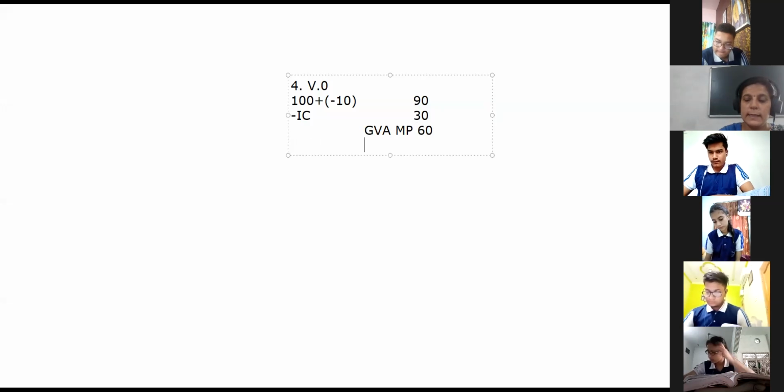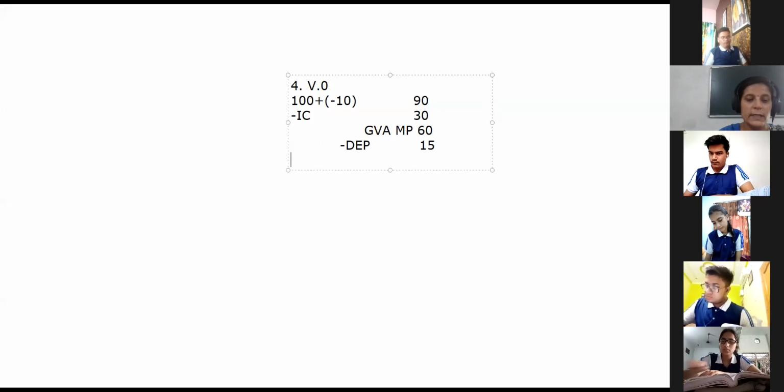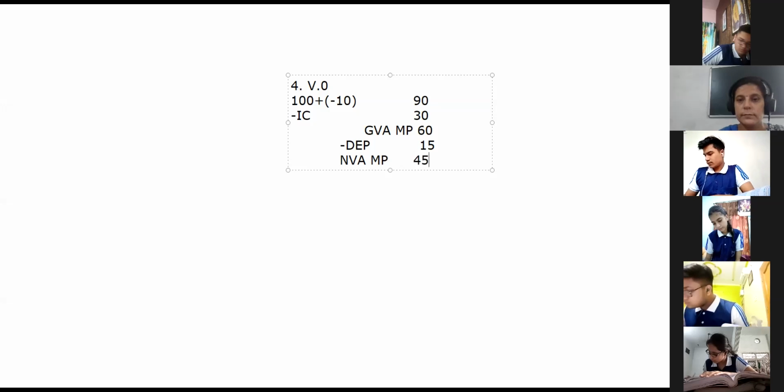Now from this subtract depreciation. Depreciation over here is consumption of fixed capital. This is the other name for depreciation, that is 15. And now we get NVA at MP, which is 45. And from this we will subtract net indirect taxes.